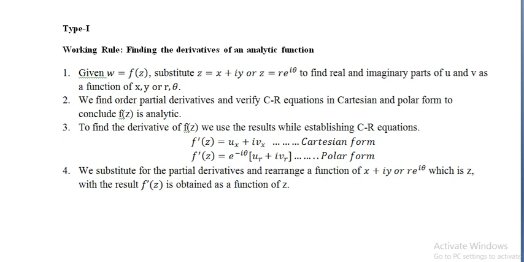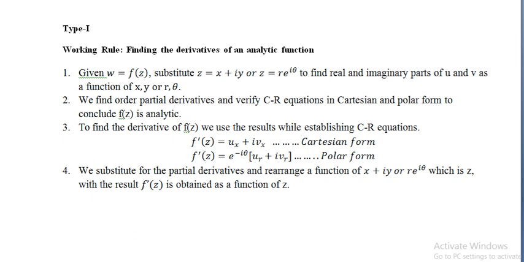So your working rule is finding the derivatives of an analytic function. First point: the given equation is w equal to f of z. We have to substitute z equal to x plus iy, or z equal to r e raised to i theta. If it is Cartesian form, substitute x plus iy.